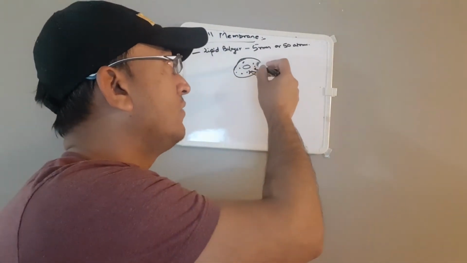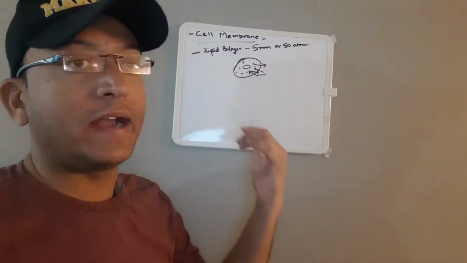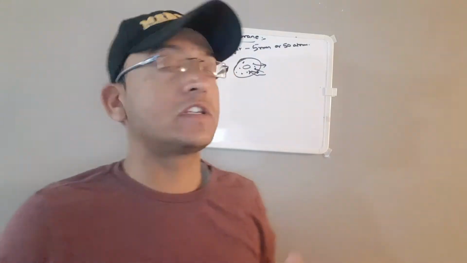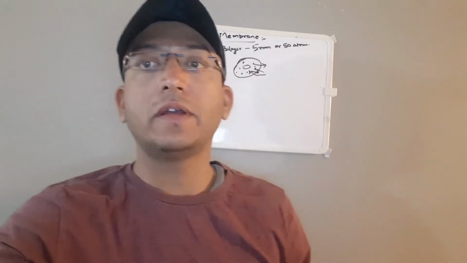And if there is any waste inside the cell, it should go outside. The plasma membrane is also doing that. So it has highly selective channels and transporters, proteins that allow specific ions and small molecules to be imported and exported. So these are some of the functions of the plasma membrane.